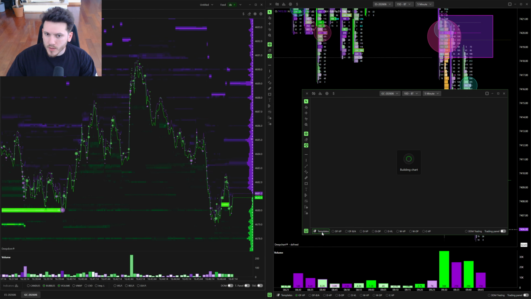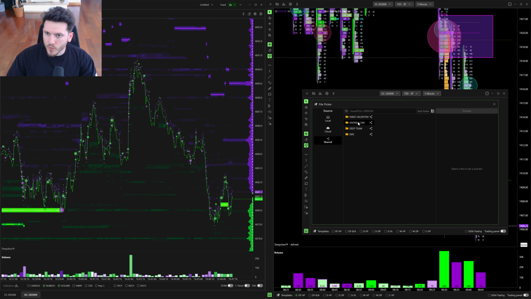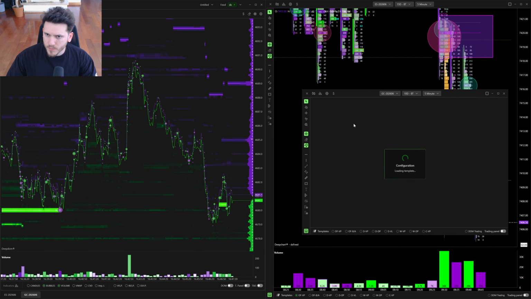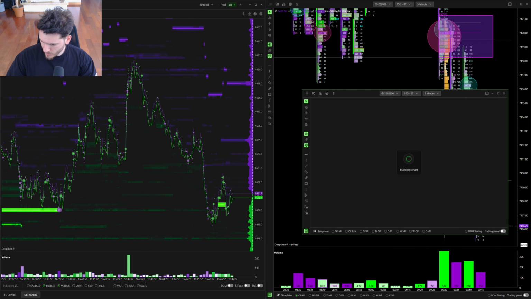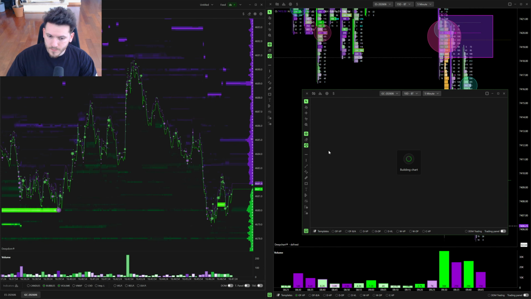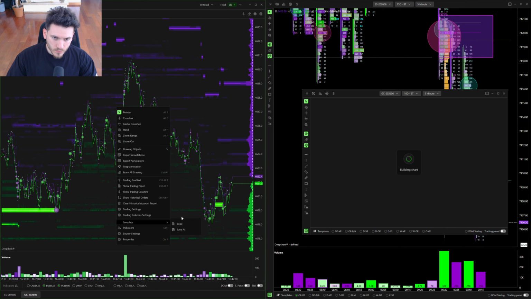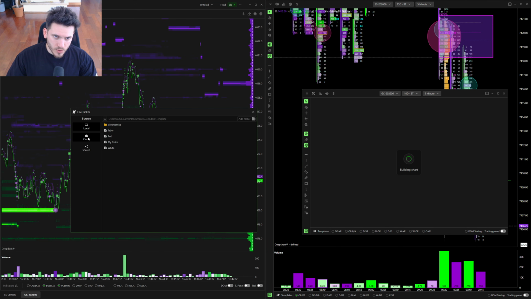We're going to have it here, and I can go on templates, full version, Andrea Cimi. I'm going to take the NASDAQ one because it's pretty similar. I'm going to load my colors.